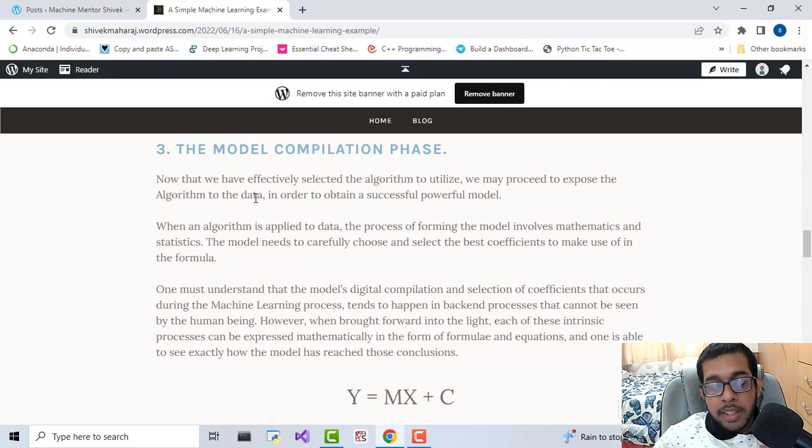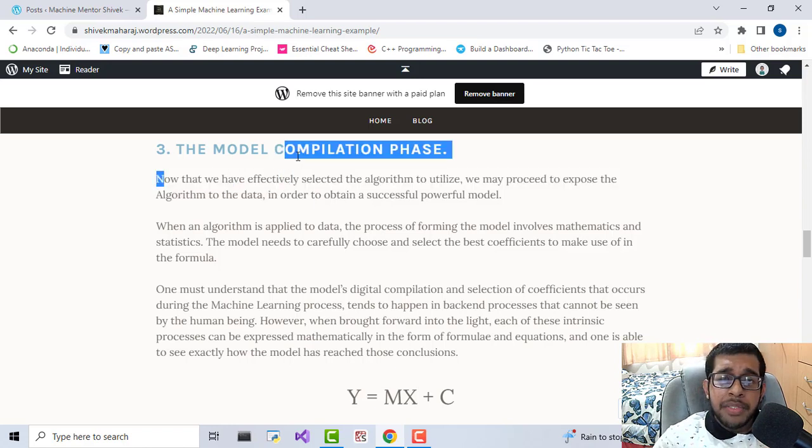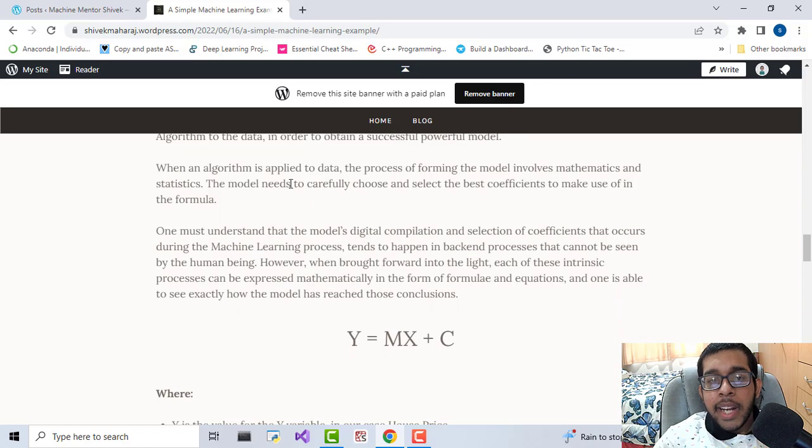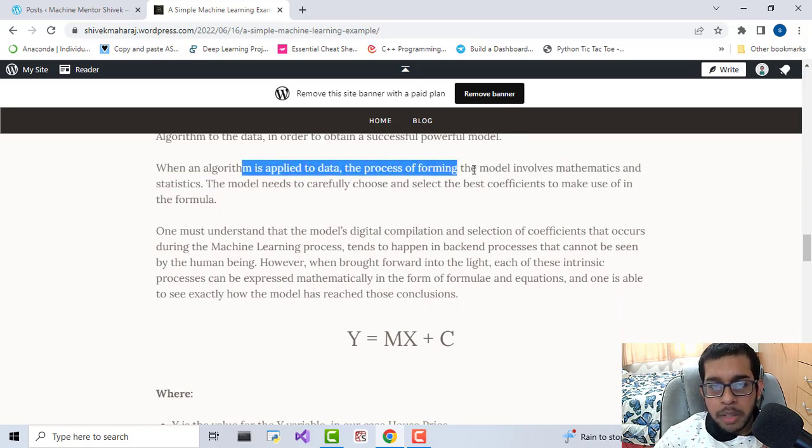Number three, the model compilation phase. Now that we have selected the algorithm to utilize, we may proceed to expose the algorithm to the data in order to obtain a successful, powerful model. When an algorithm is applied to data, the process of forming the model involves mathematics and statistics.